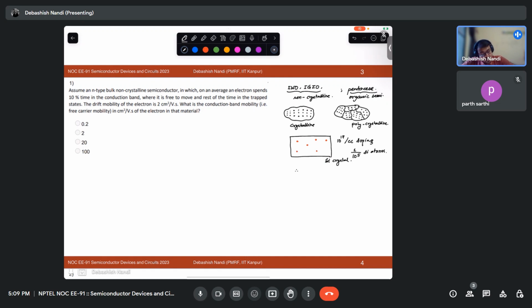Now the atomic density of silicon is around 5 times 10 raised to 22 per centimeter cube. So if you have NA or ND greater than or equal to 10 raised to 22, you have a solvent and a solute, and then your silicon atoms and doping atoms will be almost similar. It will start to create an alloy.